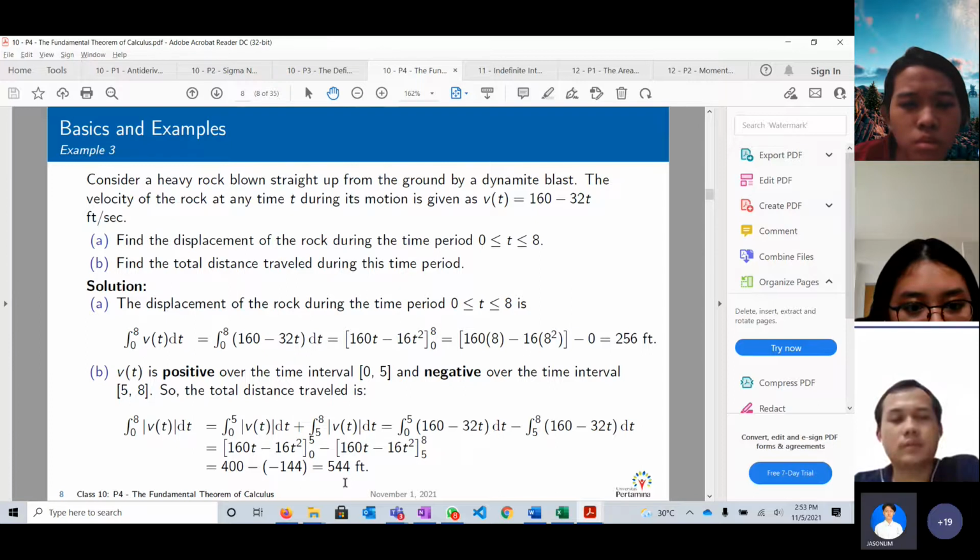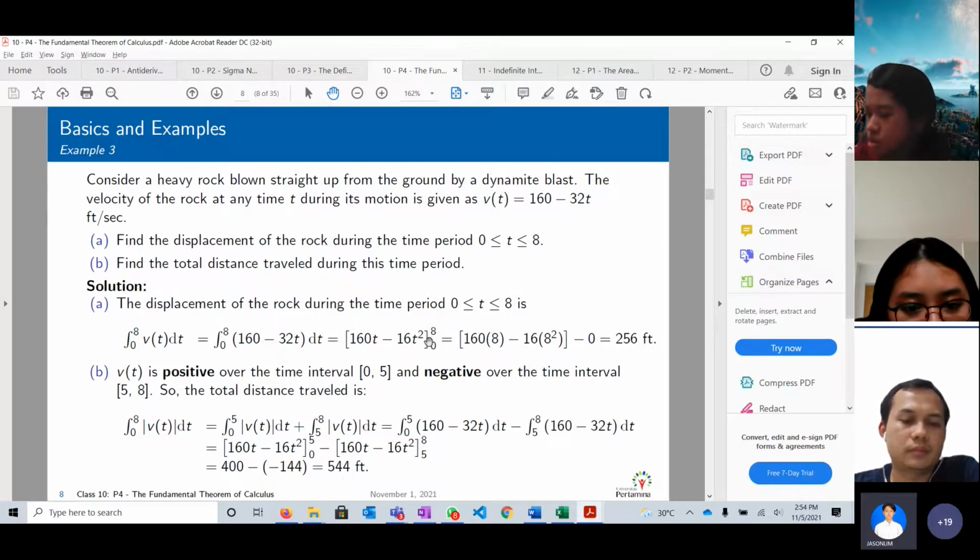Sir, itu yang B, sir, yang dalam kurung 160t kurang 16t kuadrat. Itu dia pakai t-nya sama dengan 5, terus yang di sebelah kanan t-nya sama dengan 8 ya, sir? Which one? This for A or for B? For B. Ya, itu t-nya disubstitusi jadi berapa, sir?